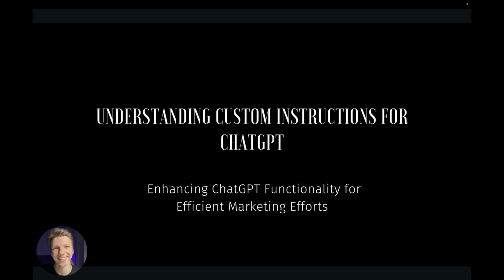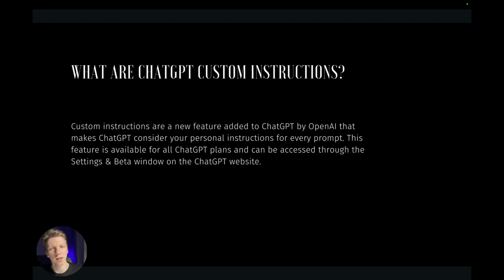So let's start. What are ChatGPT custom instructions? Custom instructions are a new feature, still in beta, added to ChatGPT by OpenAI, and it makes ChatGPT consider your personal instructions for every prompt, both information about yourself and the way you want ChatGPT to respond.